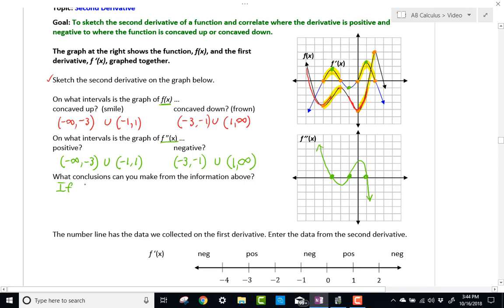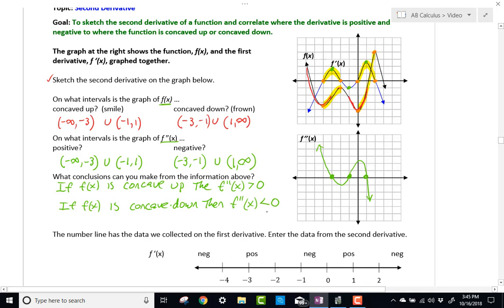So if f of x is concave up, then f double prime of x is greater than 0. Okay? And if f of x is concave down, then f double prime of x is less than 0.